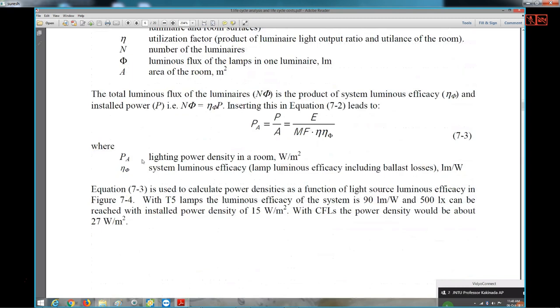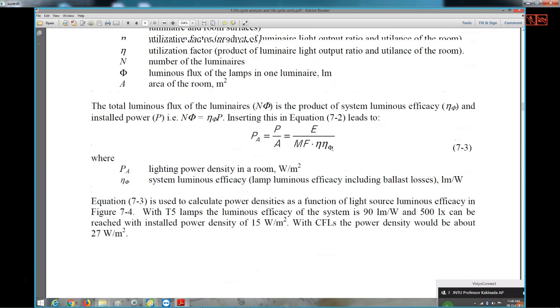Whereas coming to this other formula, the lighting power density of a room is given as P by A, that is given as illuminance E divided by maintenance.